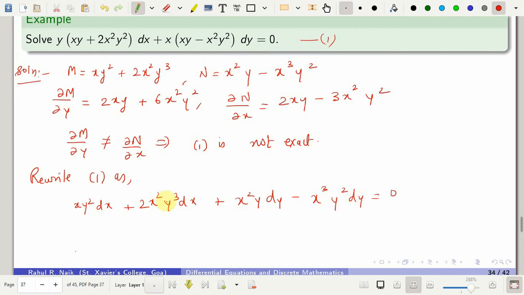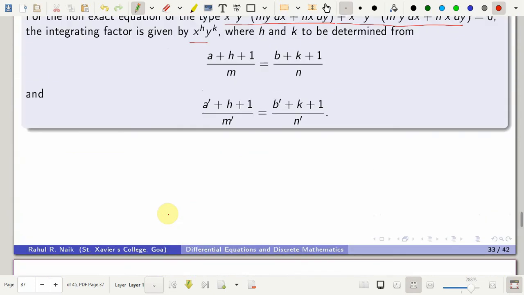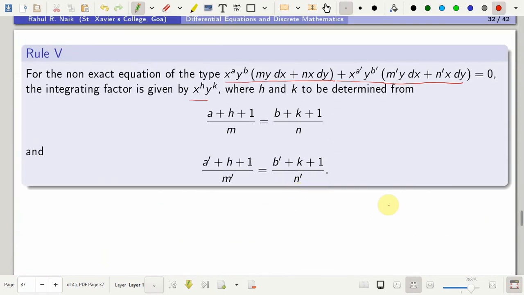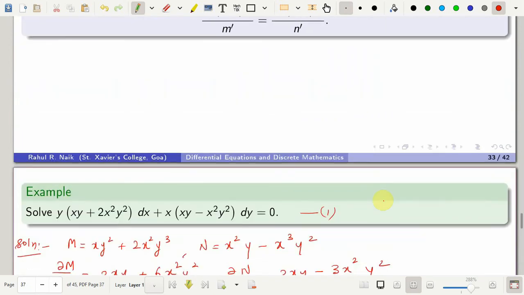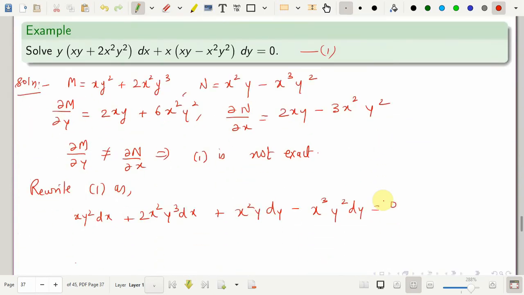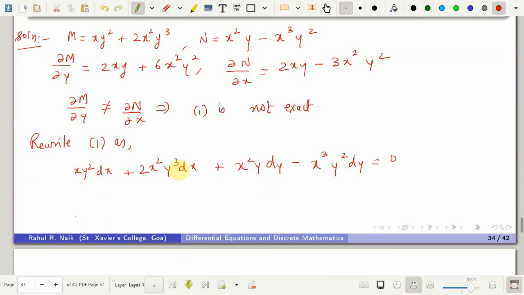Now you need to combine these terms in such a way that you get the form we are looking for: x raised to a, y raised to b into (my dx plus nx dy) plus x raised to a prime, y raised to b prime, (m prime y dx plus n prime x dy). So you need to collect these terms in such a way that it becomes that form. For that, just look at this expression here, the first term and the third term.